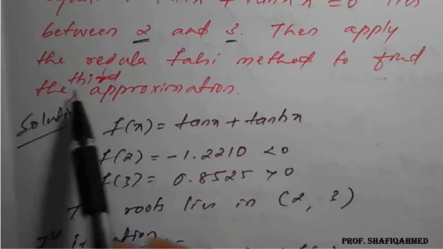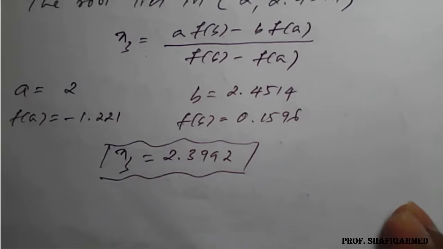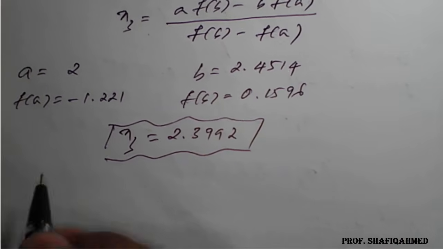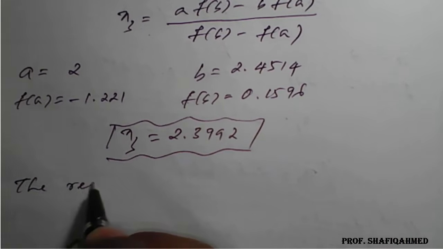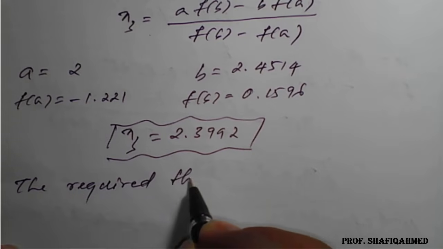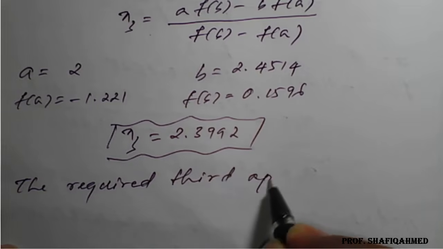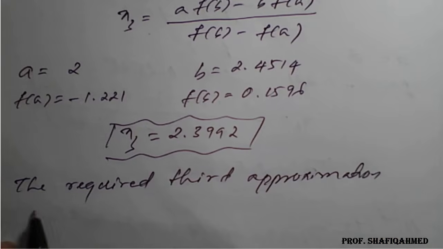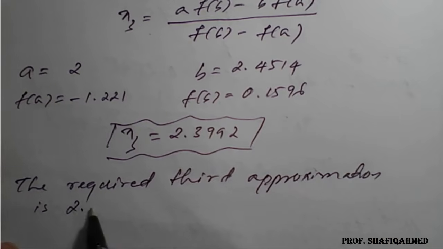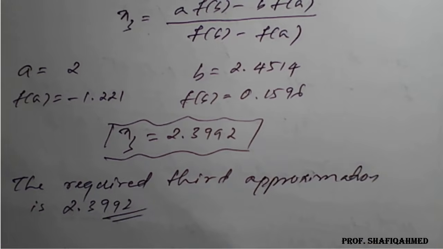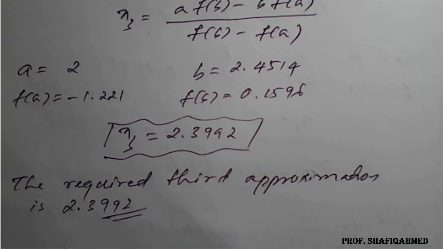Therefore, up to the third approximation means we have to stop and conclude that the required third approximation is 2.3992. So in this way we need to work out an example based on the regular falsi method.